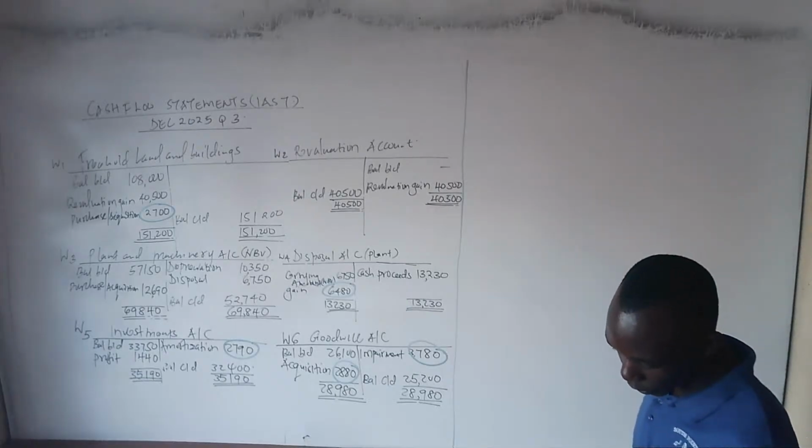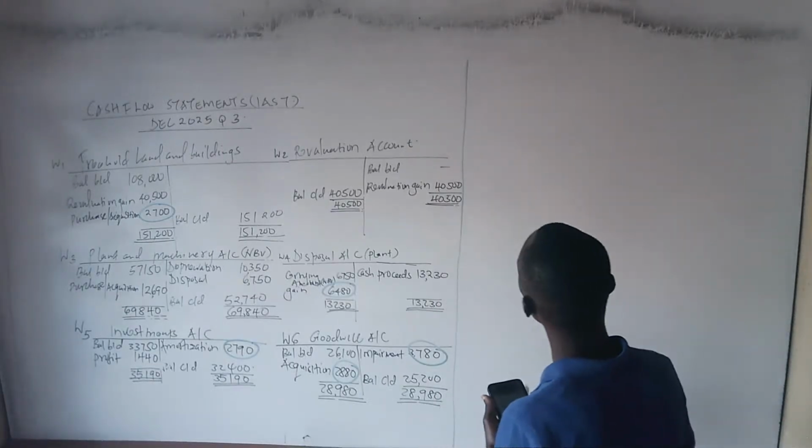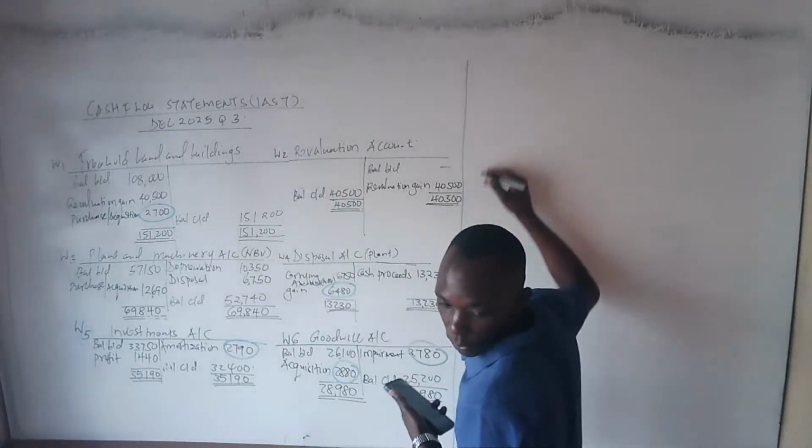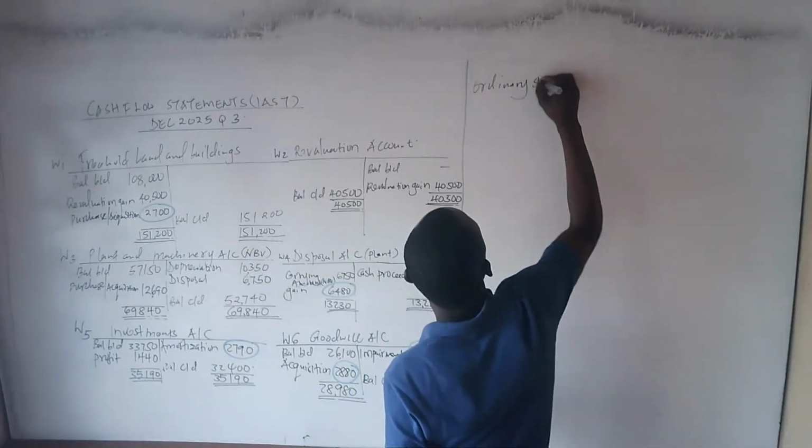When we go to the equity, what are we given? We have ordinary share capital. We start with the ordinary share capital.